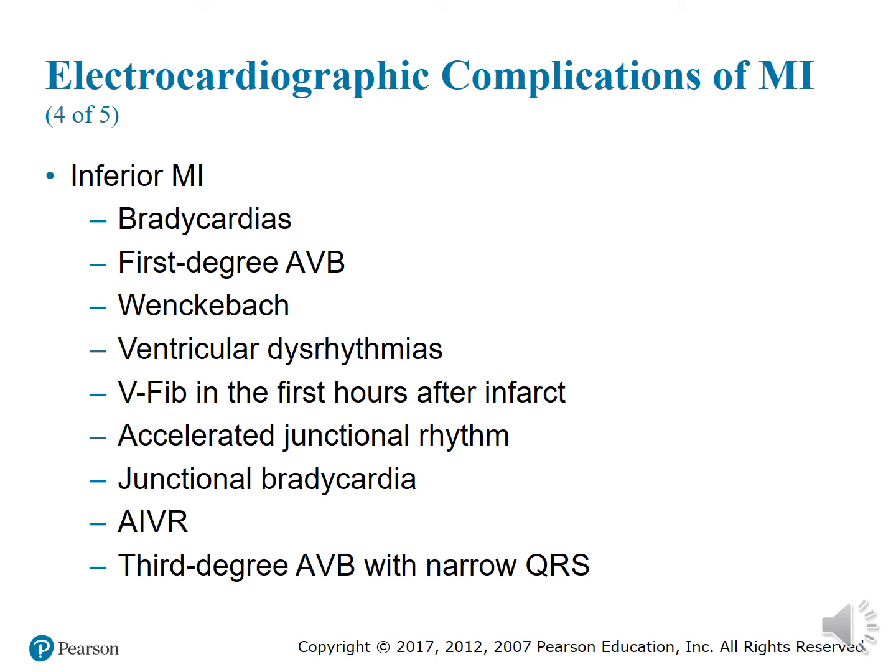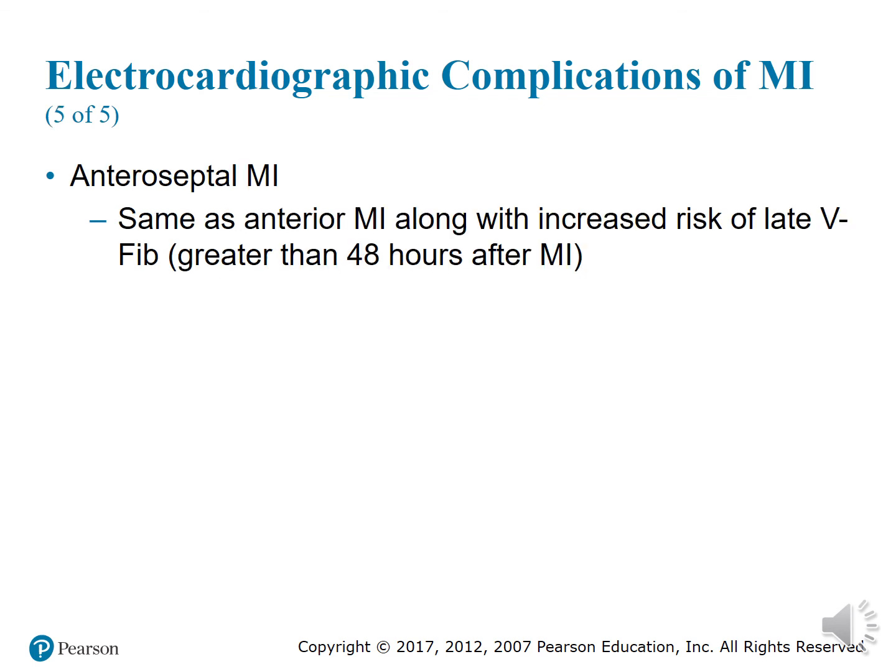Okay, so again, this is just what they look like depending on the area of the heart. Anterior septum MI, same as anterior MI, along with increased risk of late VFib. This typically happens if the patient comes in after 48 hours of suffering a heart attack.